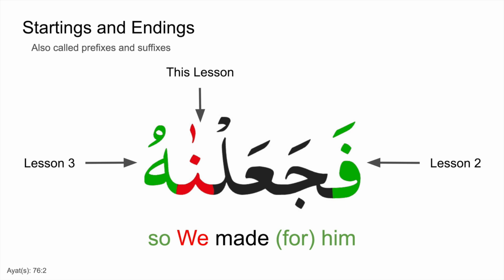For past tense, the meaning is mostly shown at the end of the verb. For present and future tense, the meaning appears at the start of the verb. In this lesson, we focus on endings. Beginnings come next. No rules to memorize. Just notice where the extra letters appear.